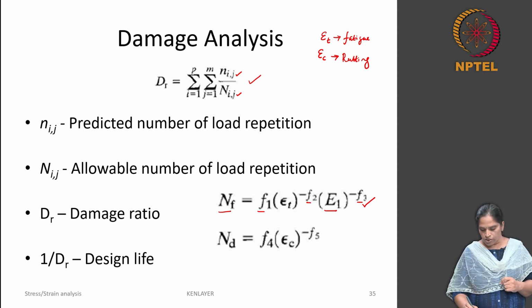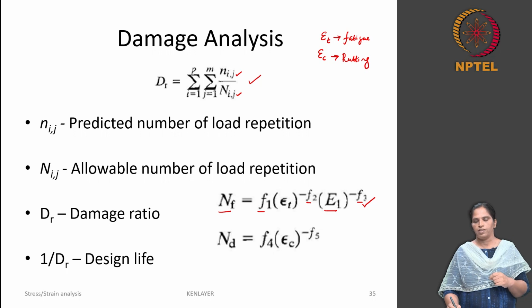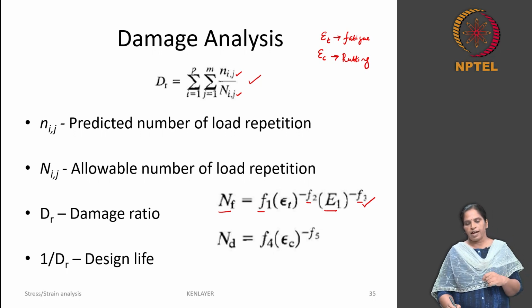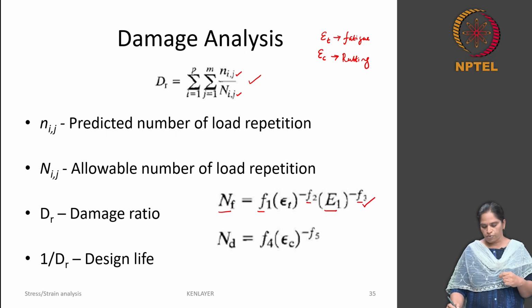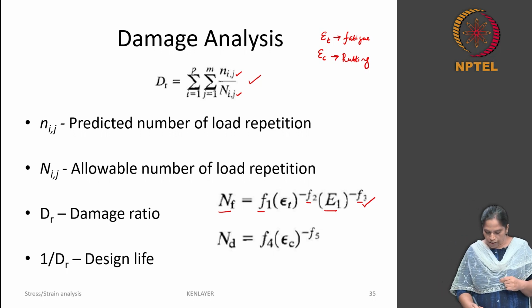You also know the values of F1, F2, F3 for different standards. For example, the Asphalt Institute method has different values of F1, F2, F3, and IRC has different values, which have already been introduced to you by Professor Neetu Roy. Nd is the number of repetitions of a standard axle corresponding to epsilon C.